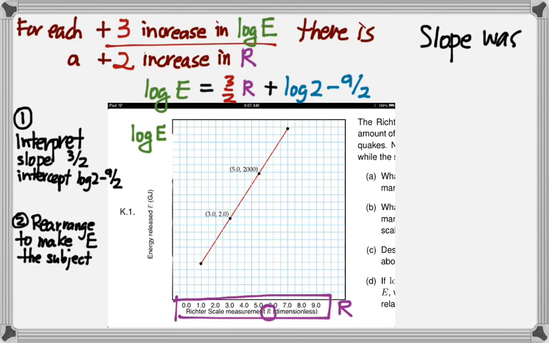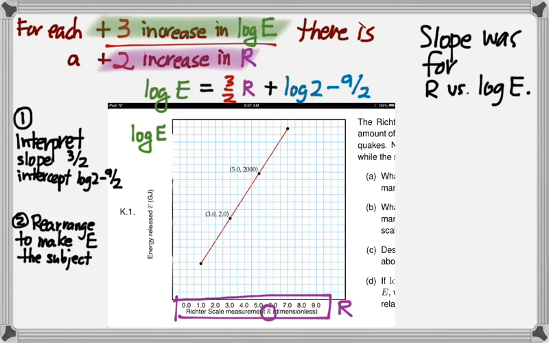So our slope was a relationship between r and log e, not between r and e. And so we have to, when we interpret this slope, take that into account. That every increase of 2 points on the Richter scale, so there's the denominator, corresponds to an increase of 3, not in the energy, so energy is not going up by 3 gigajoules, but instead the logarithm of the energy is going up by 3.